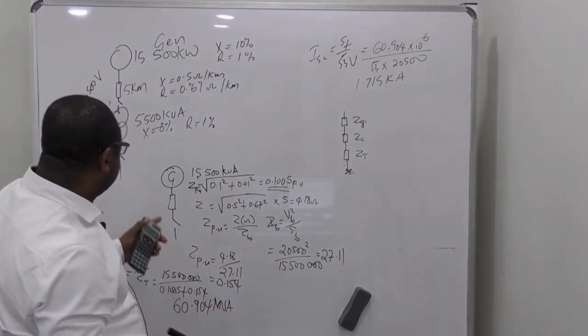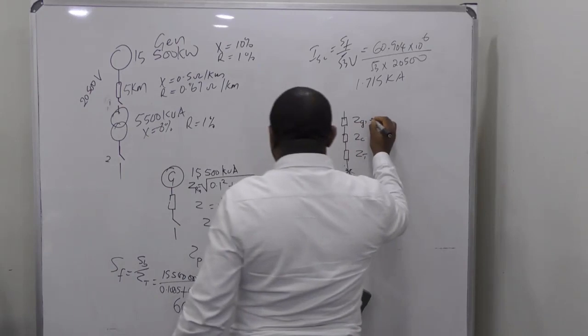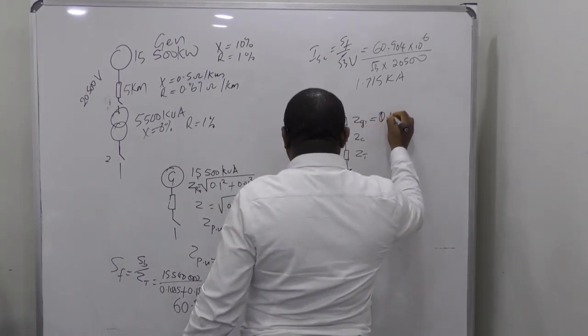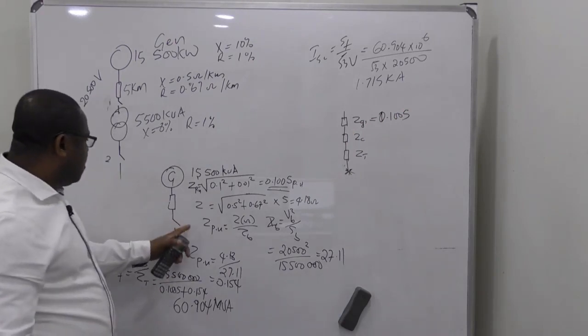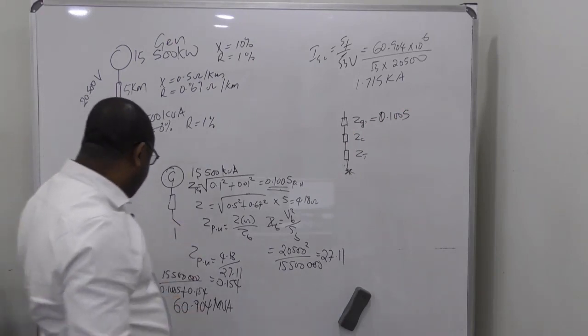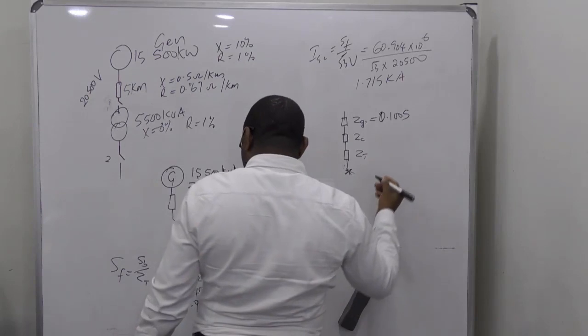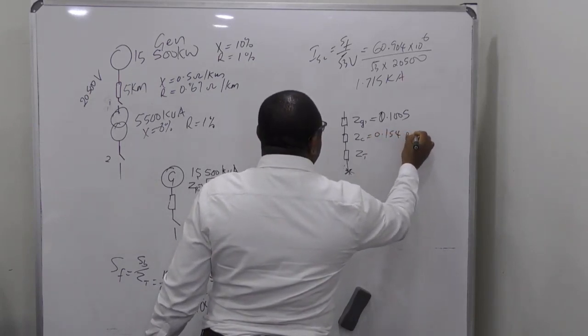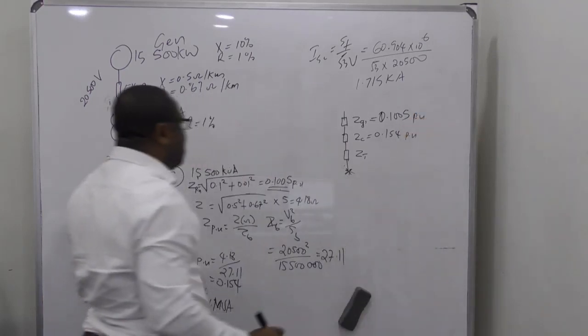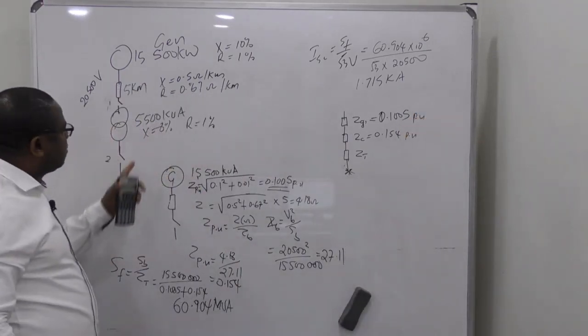We have the Z of the gen to be 0.1005, and the Z of the cable to be 0.154 per unit. So we just need to get the Z of the transformer.